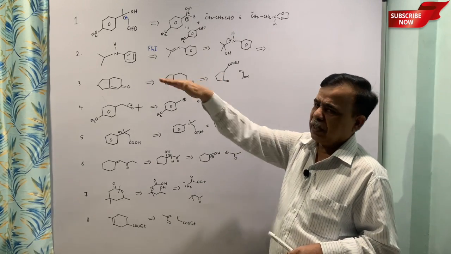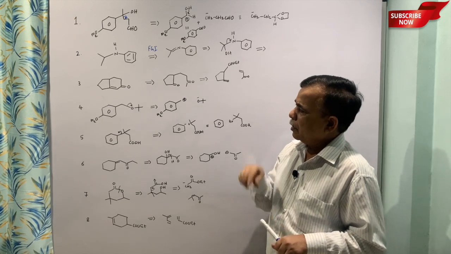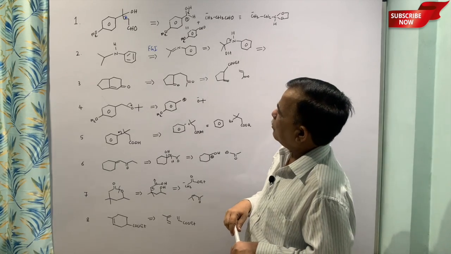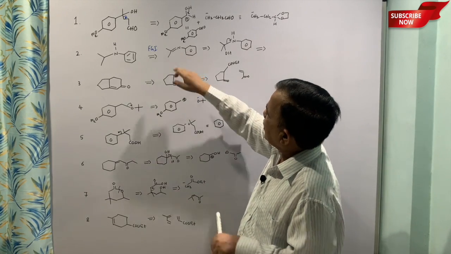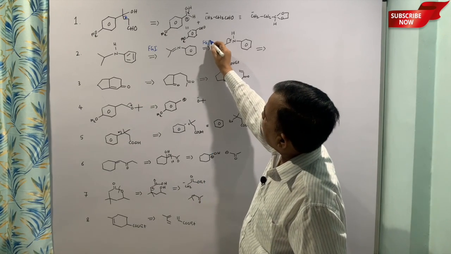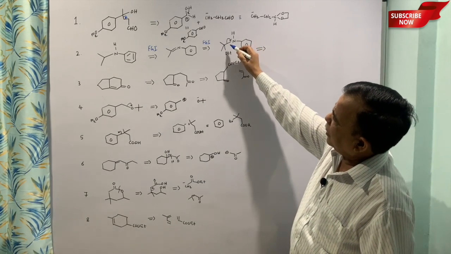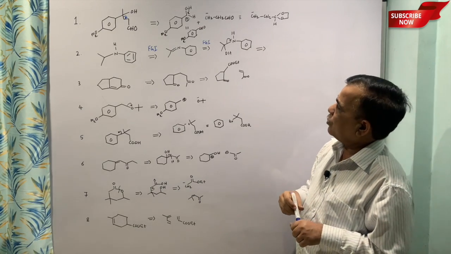Now this double bond can be reduced to a single bond, and you can use a hydride reagent for this. Now here once again one more FGI, put HOH, and then break the carbon nitrogen bond heterolytically towards nitrogen.